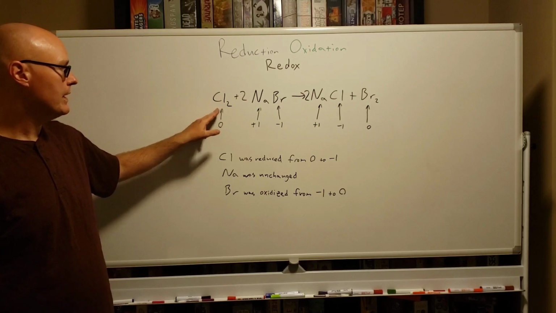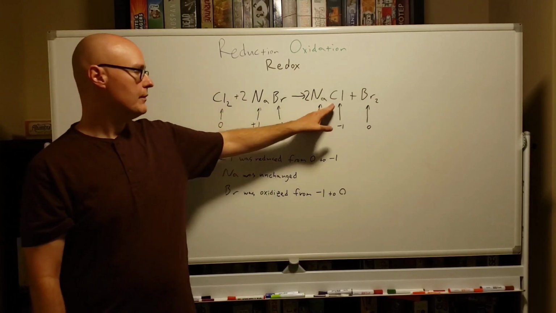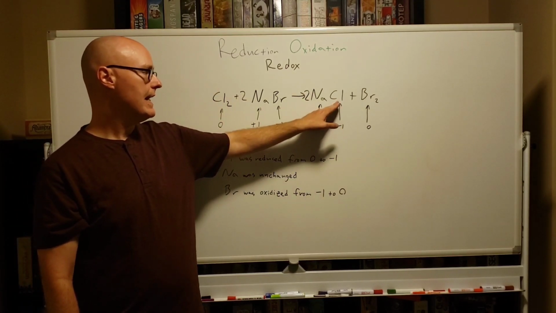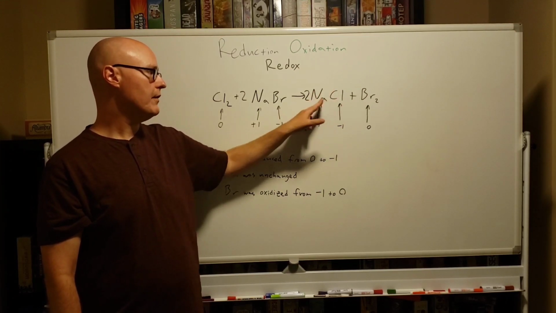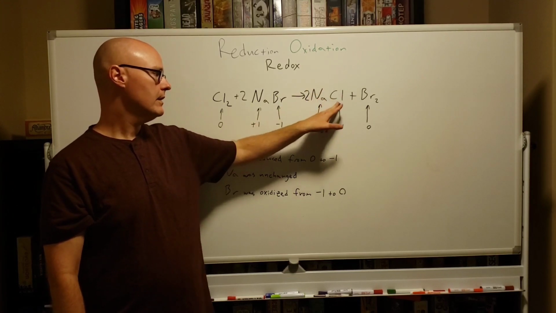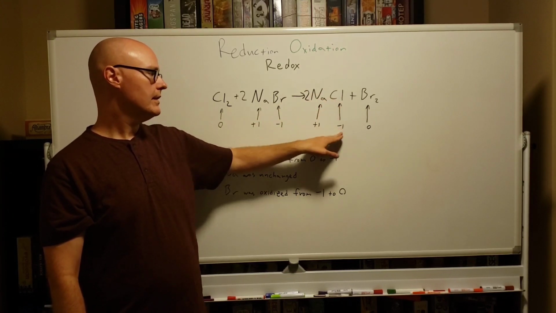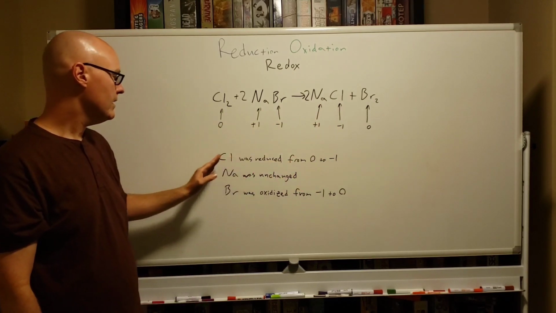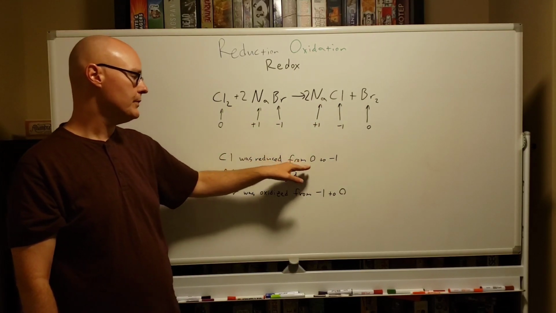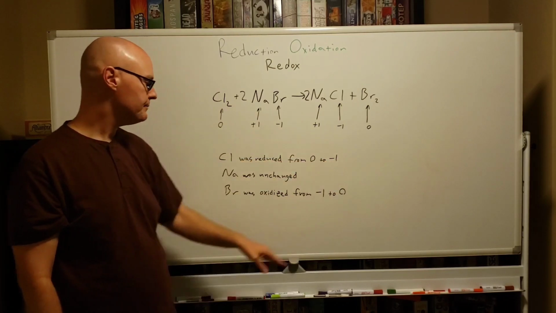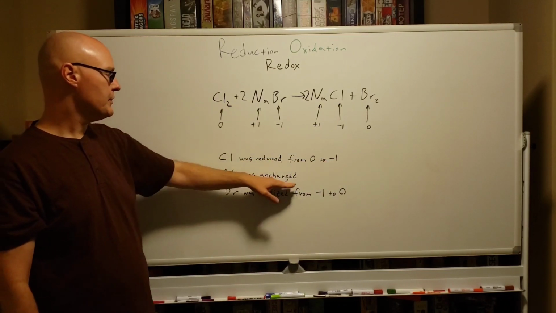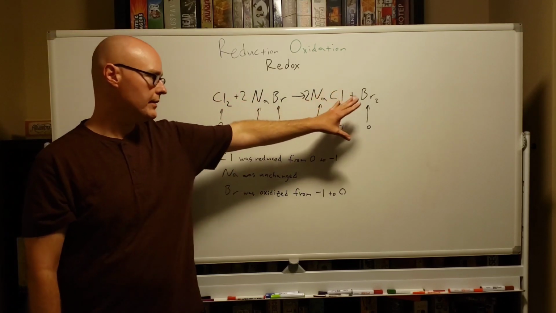So from chlorine by itself, over here, we now have a -1, right? It gained an electron. The chlorine gained an electron from the sodium in this compound, which gives us this -1. So the chlorine was reduced from 0 to -1 oxidation number. The sodium was unchanged from one reaction to the other.